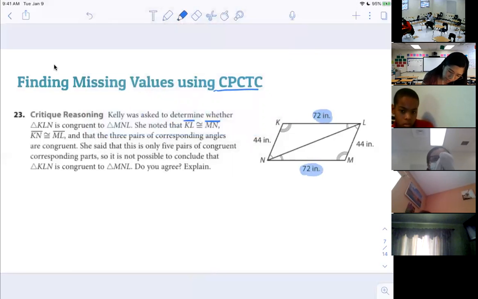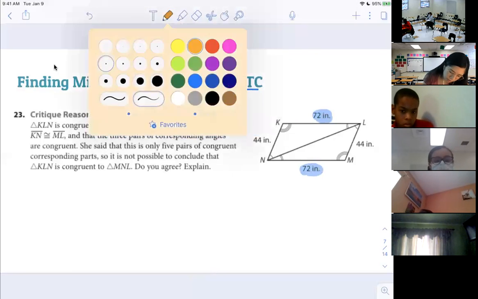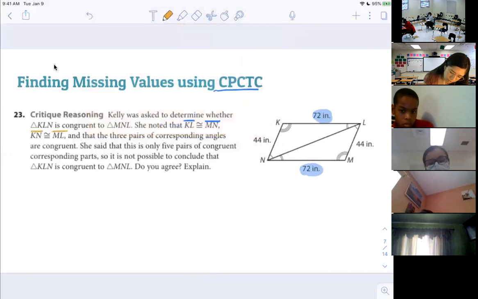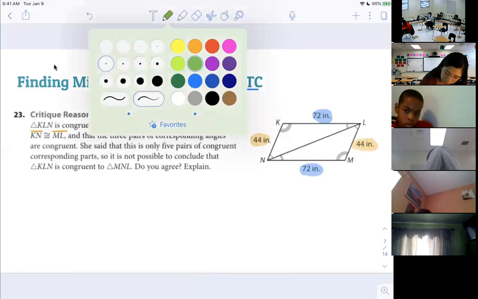And then she noted that KN is congruent to ML. So that's my 44 and the other 44. And then all of the corresponding angles are congruent. So I'm just color coding everything.